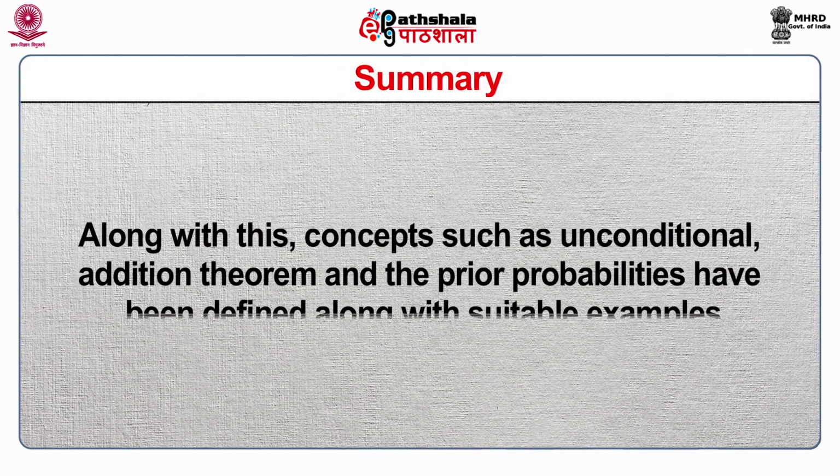Conditional probability has also been discussed, which provides us with an easy way to find out the cause behind an outcome of an experiment. Along with this, concepts such as unconditional, addition theorem and prior probabilities have been defined along with suitable examples.